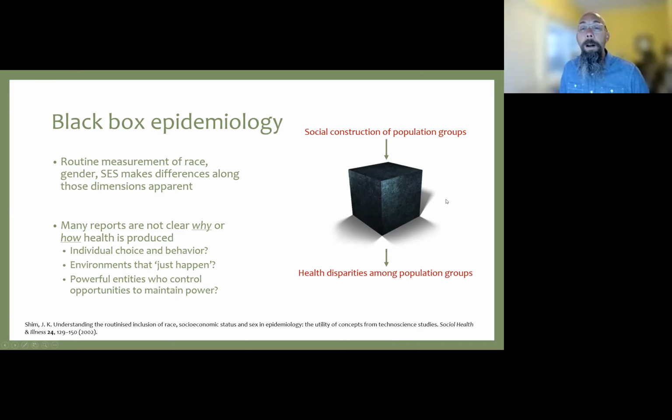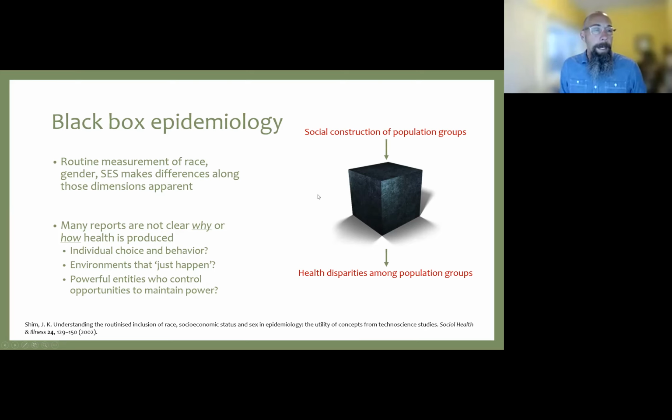So when we're agnostic about what happens between definition of the group and the measurement of the disparity, when we aren't actively seeking what's happening in the black box, we may inadvertently be reifying the social construction itself.